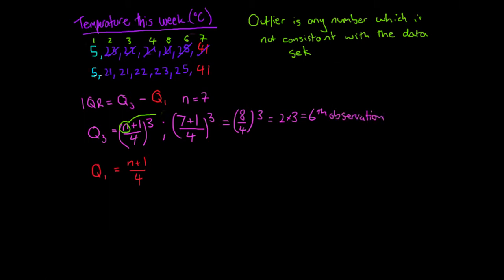We count 1, 2, 3, 4, 5, 6. So our third quartile value will be this 25.